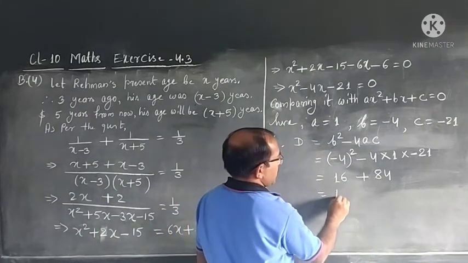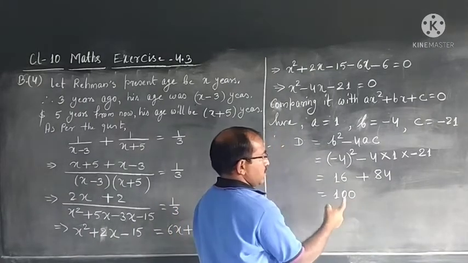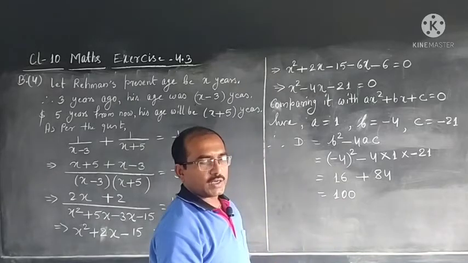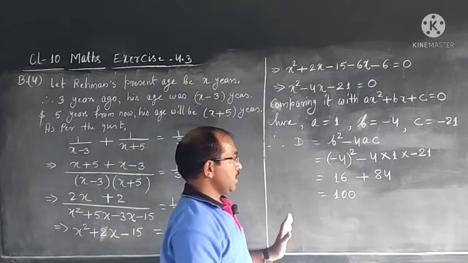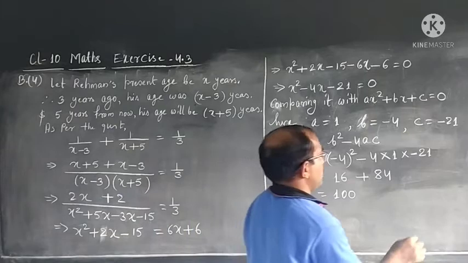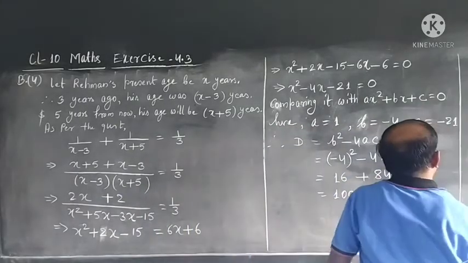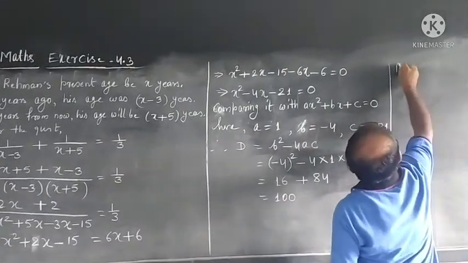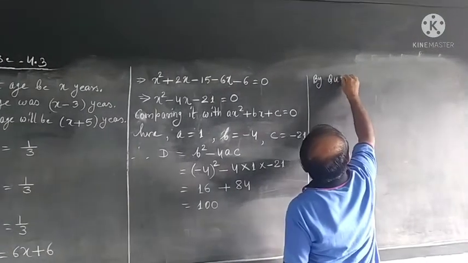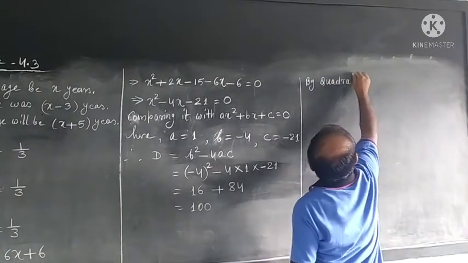We get 100. So, D is greater than 0, we will get real and distinct roots. Let us go by quadratic formula. So, by quadratic formula, we know, formula we will write first.